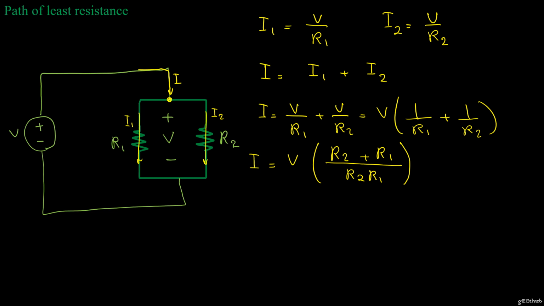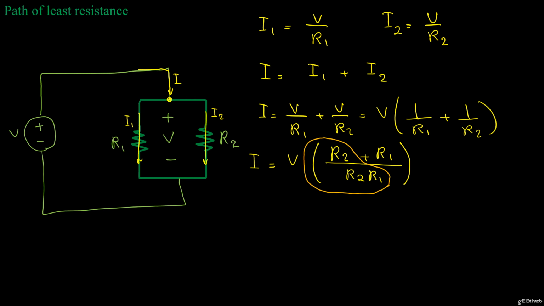And this is what's known as the current divider equation. What's different here though is that this is the portion which corresponds to current I1.